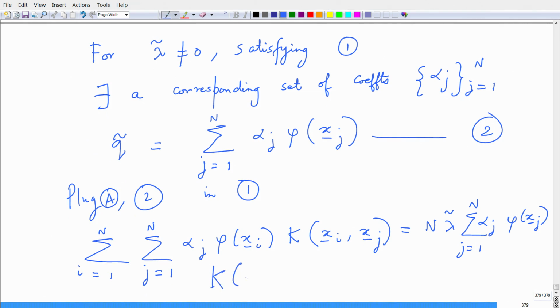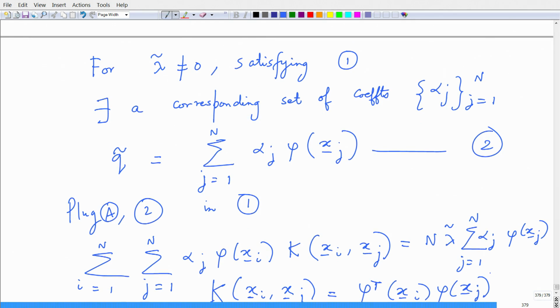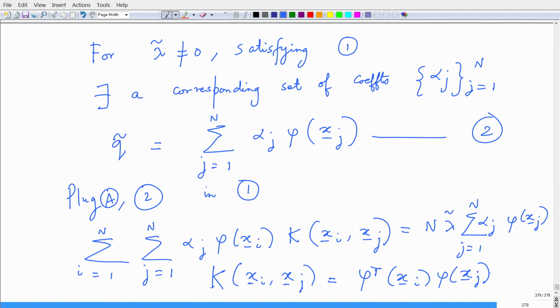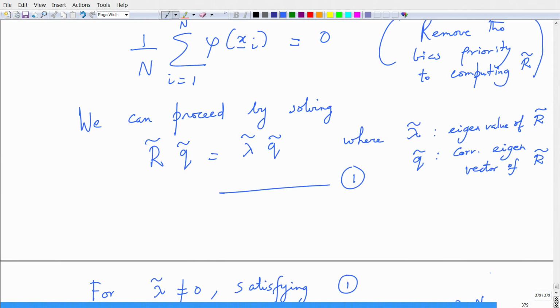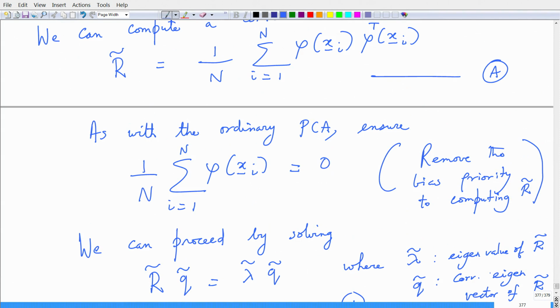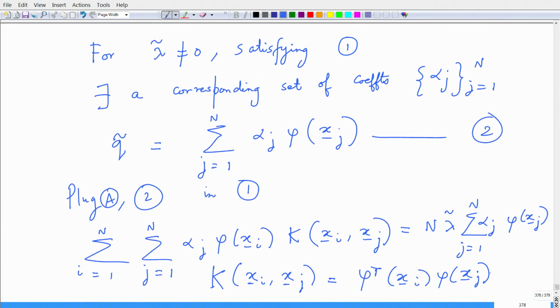This kernel K of xi, xj is defined as phi transposed xi times phi of xj. Because of this outer product, I had this phi transpose that I got from my R tilde, and I have that plugged in along with what I have for Q tilde, and then I simplify in this form. This is pretty straightforward algebra here.